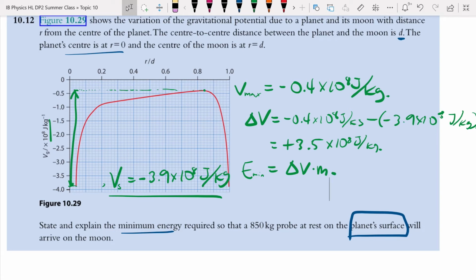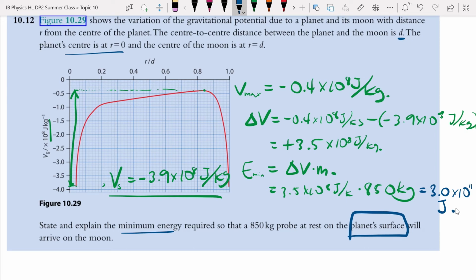So 3.5 times 10 to the 8th joules per kilogram multiplied by 850 kilograms gives you 3.0 times 10 to the 11th joules.